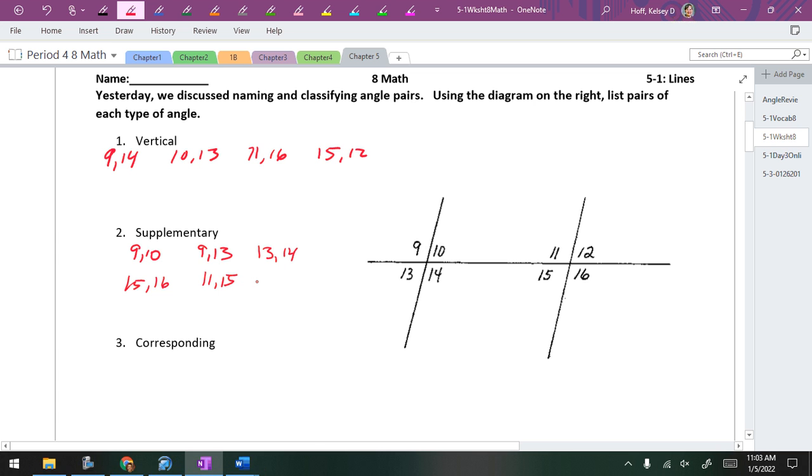Got any others? 14 and 10. 14 and 10, very good. Max, do you have any more? Got that one. I think there's only, are we missing 1? 12 and 16.